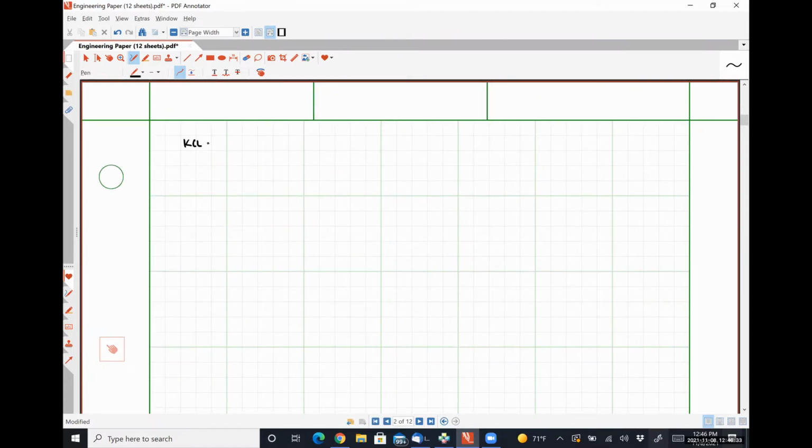So KCL at VODM1 looks like VODM1 divided by RD plus GM times 1/2 VIDM minus VX plus (VODM1 minus VX) divided by R out is equal to 0.